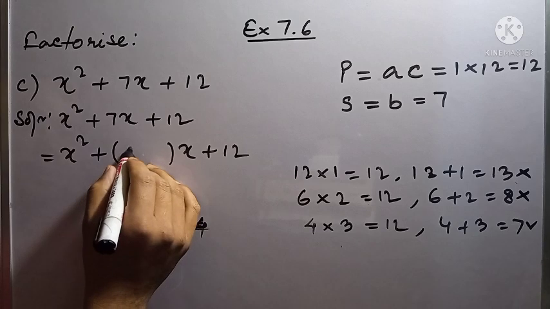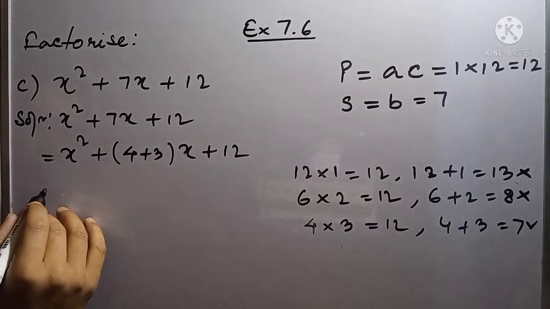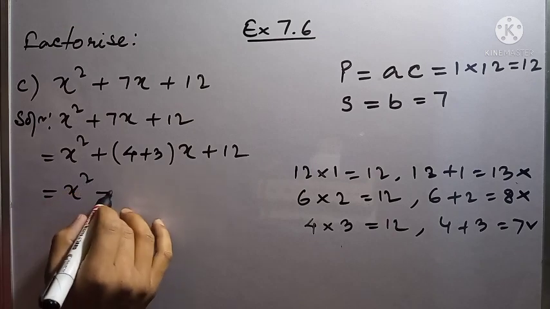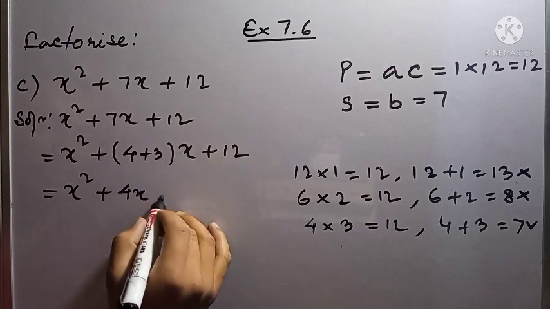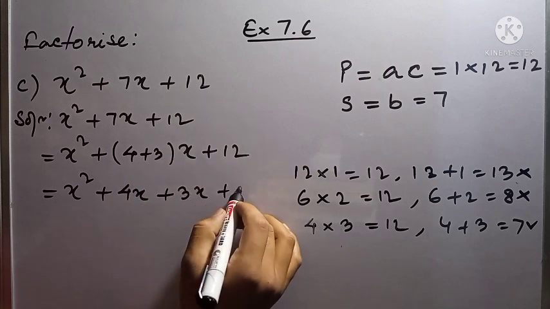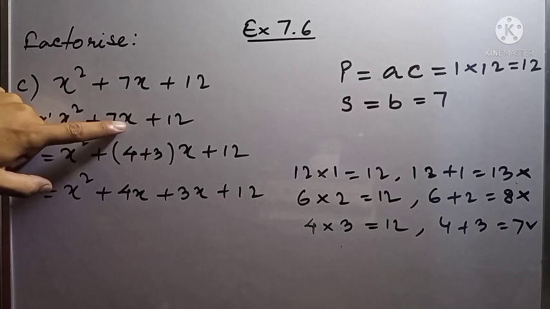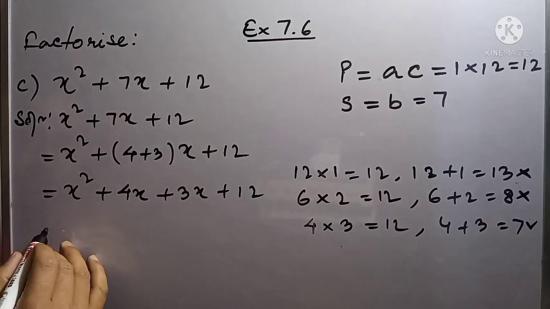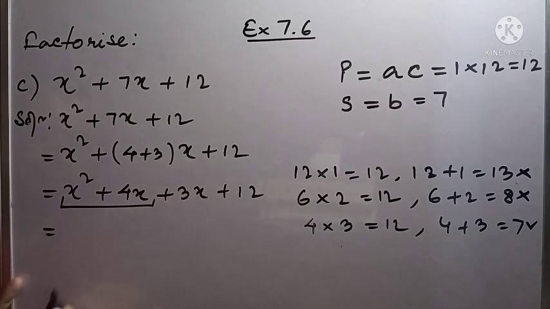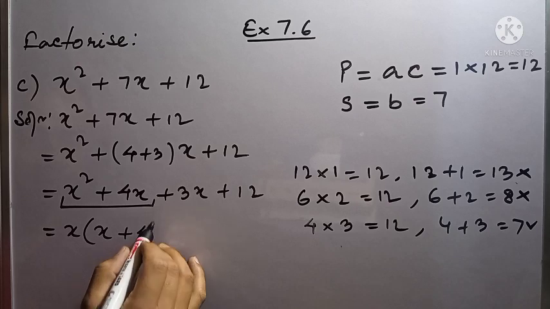So I will write here 4 plus 3 equal to x squared plus 4 into x, you'll be getting here 4x, 3 into x, you'll be getting here thrice x, then plus 12. Now I splitted this 7x in the form of 4x plus thrice x. Okay, let us see. From these two terms, what can you take common? You can take x common. So I'll write here x and then here x plus 4.